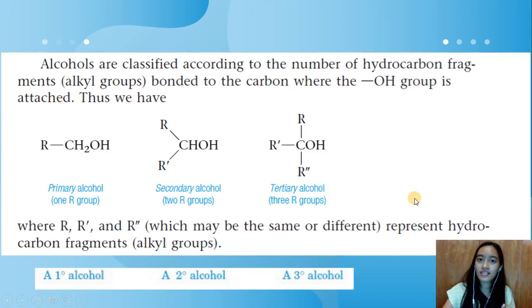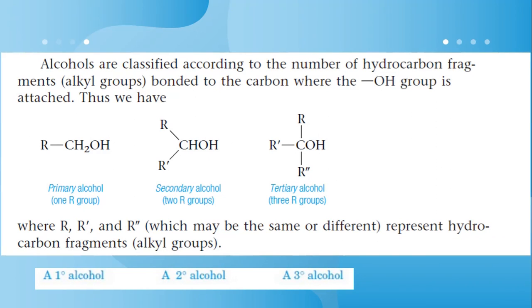So we also can classify alcohols. We're now on another objective. According to the number of hydrocarbon fragments or alkyl groups, or the R's, bonded to the carbon where the OH group is attached. So your OH group is attached to only one carbon, and if this carbon is attached to only one R group, that is what you call a primary alcohol.